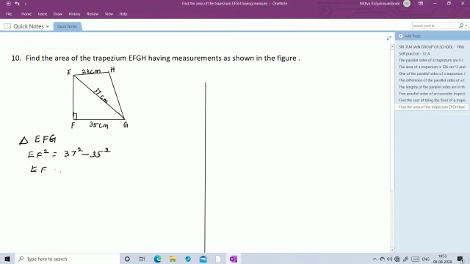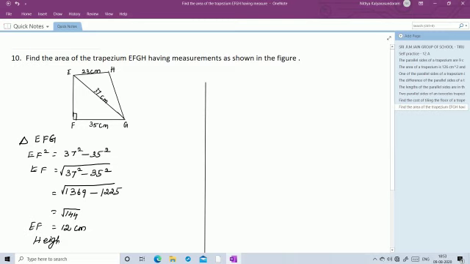So EF is equal to square root of 37 square minus 35 square. 37 square is 1369, minus 35 square, which is 1225. Then subtract, and you will get square root of 144. Square root of 144 is 12. So EF is equal to 12 centimeter. So height is 12 centimeter.